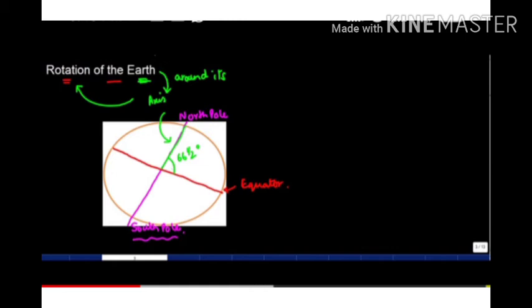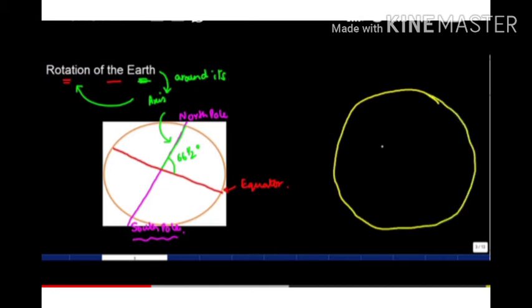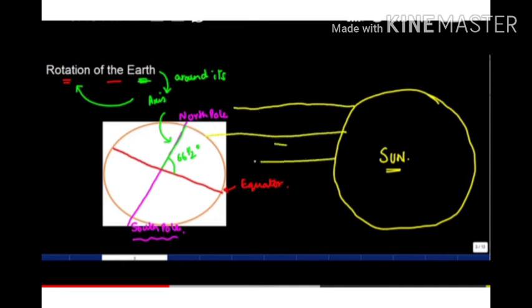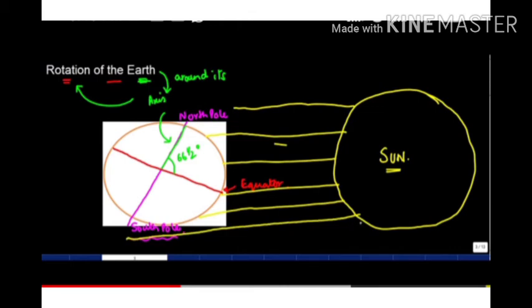Now consider this is the Earth, and because we've made Earth that big, we'll have to make the Sun even a bit bigger. Forgive me, this is actually not the shape of the Sun, but let's say this is the Sun. When the sun rays come, they're going to come and fall on the Earth something like this.